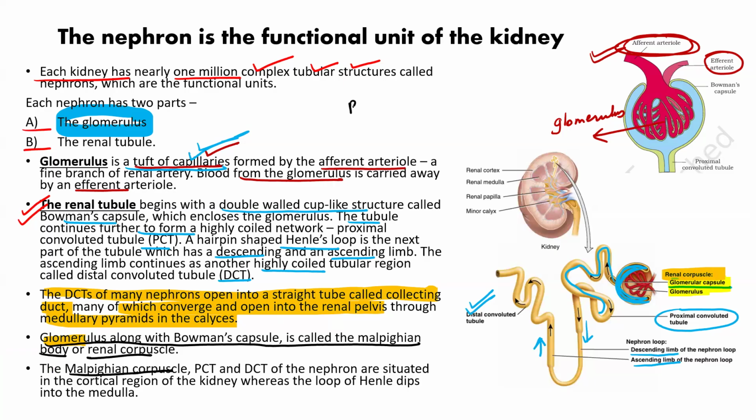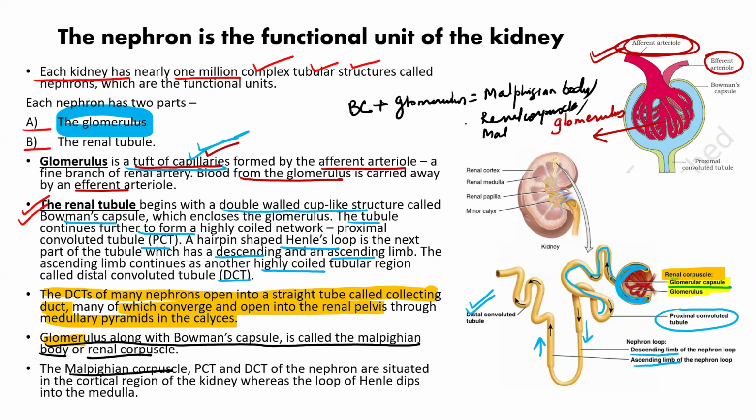So you can write down: Bowman's capsule plus glomerulus together is known as Malpighian body or renal corpuscle or Malpighian corpuscle. Any name.